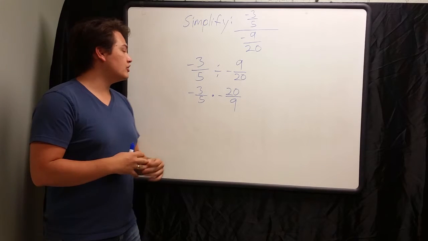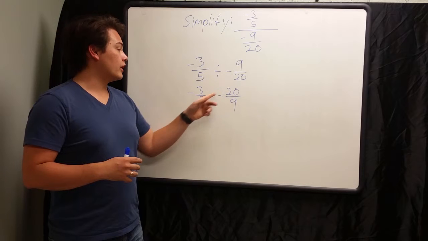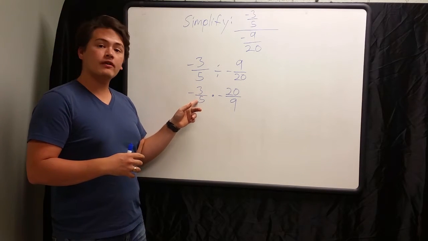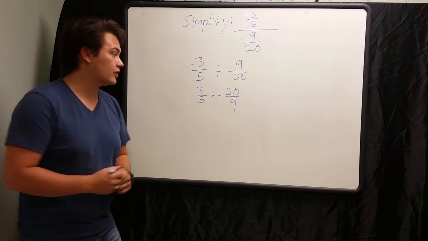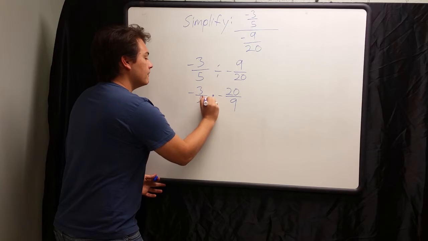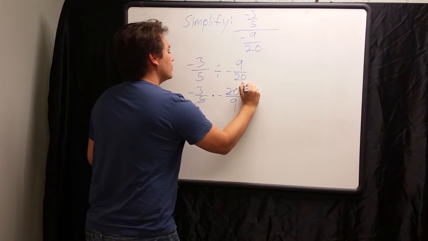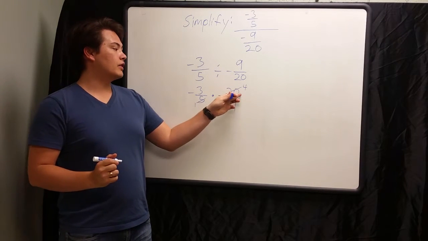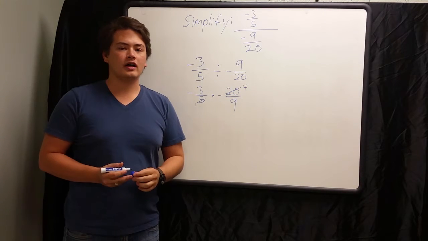What you can do is you can look at the denominator and the numerator, and you can simplify these further, because 5 can go into 5 one time, and 5 can go into 20 4 times.